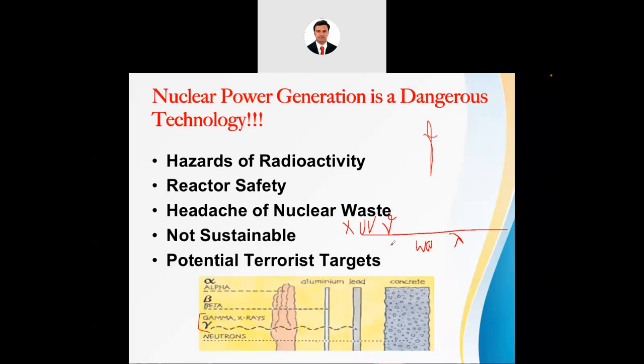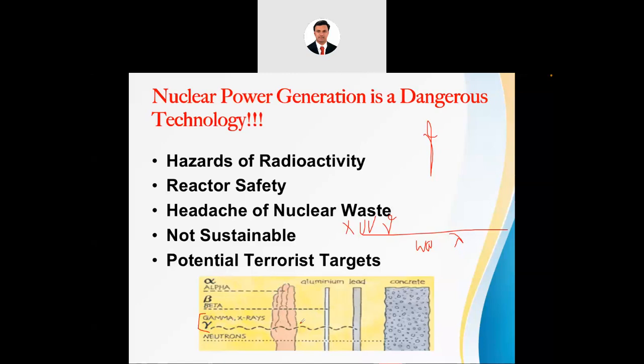These are also called ionizing radiation, as we saw in heat transfer. This ionizing radiation is very dangerous to the human body, to plants, and to the soil, because it penetrates through the body. Alpha particles or beta particles do not damage your skin or human tissue.